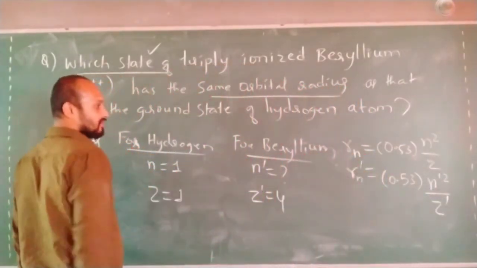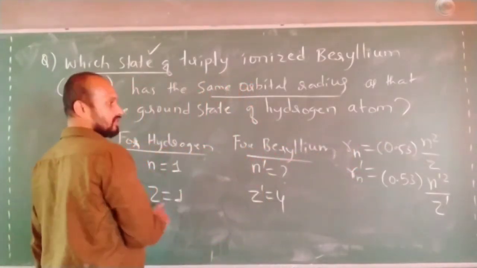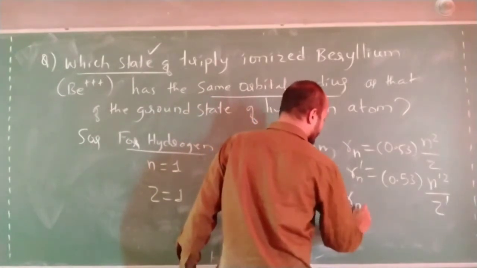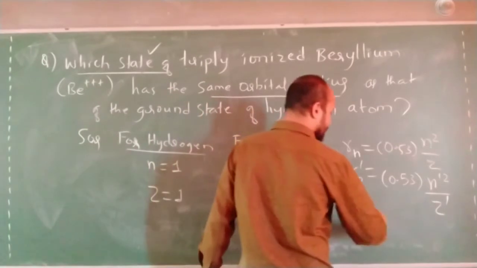Can I write like this? For beryllium, this is the formula. For hydrogen, this is the formula. So if I divide them, Rn divided by Rn dash will be equal to what?